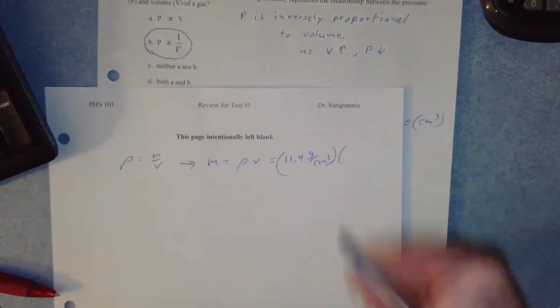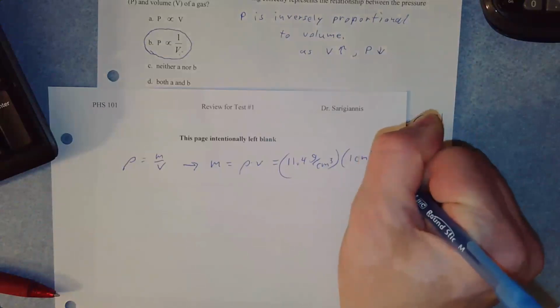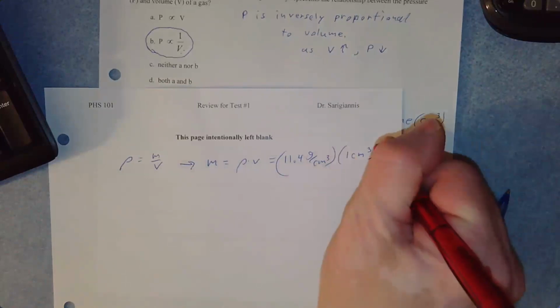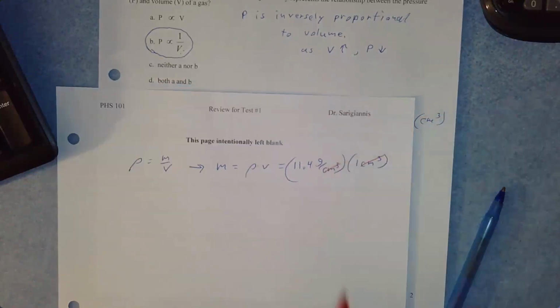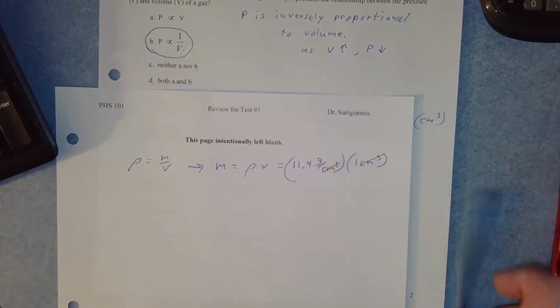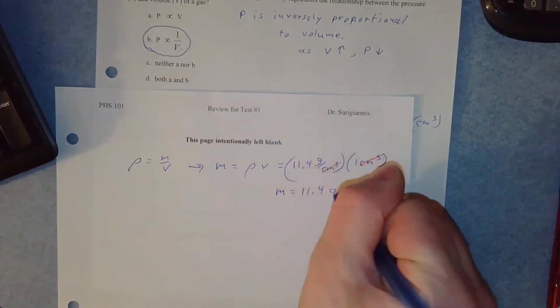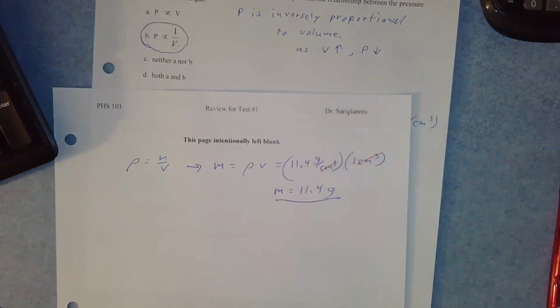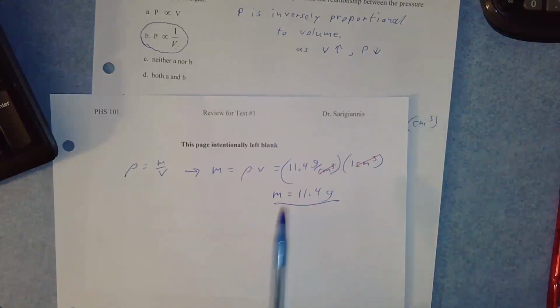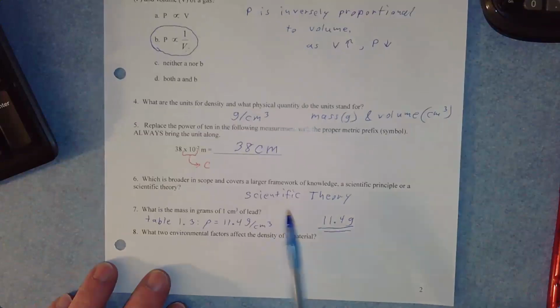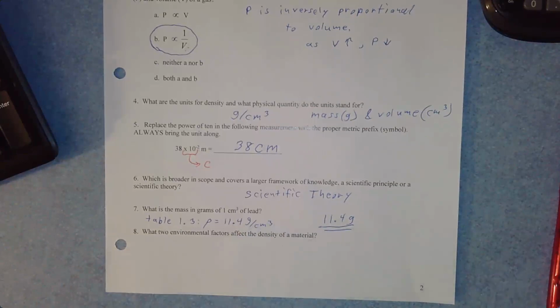Okay? Because we're given 1 cubic centimeter, we're multiplying this density by 1. So really, the only thing that's changing are the units. The centimeters cubed is going to cancel out, and we're left with a mass of 11.4 grams. So that's how you would do this problem if you needed to calculate it, if you were given some other amount of volume. Alternatively, you can see that for every cubic centimeter, there's 11.4 grams, and you can just answer it like that.